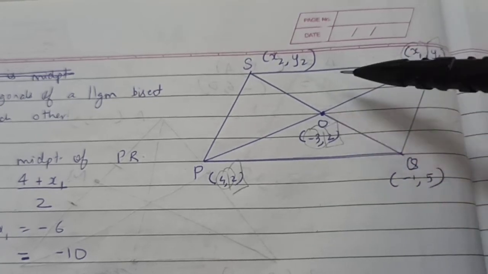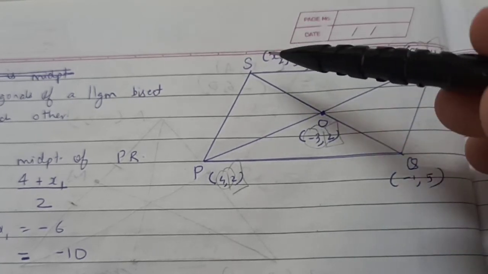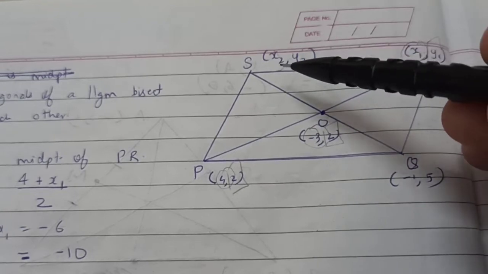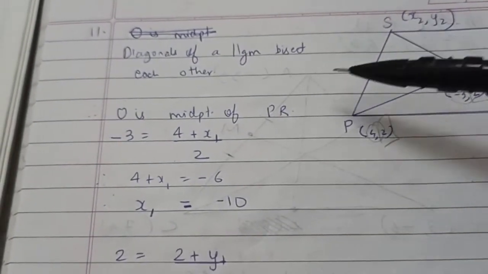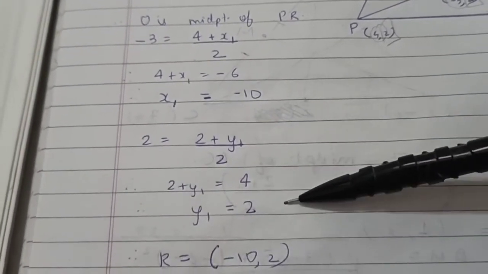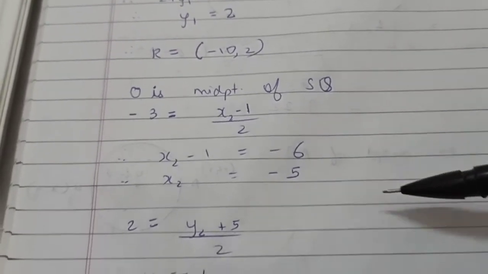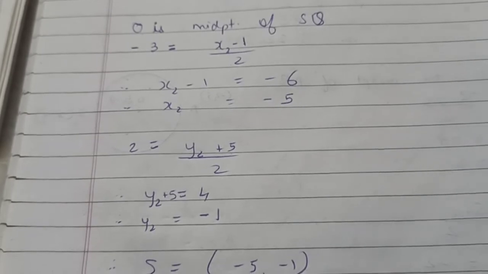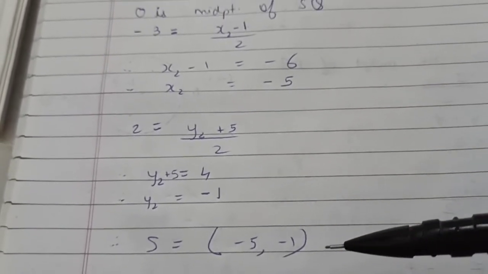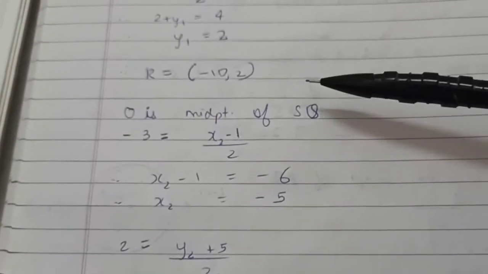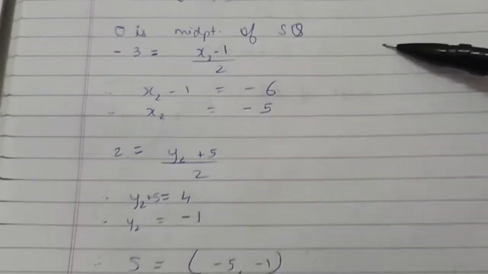Similarly, O is the midpoint of SQ, and we use the same procedure to find the values of x2 and y2. So x1, y1, O is the midpoint of SQ, x2, y2. And then don't forget to write the coordinates of S and R, which is what is asked in the question.